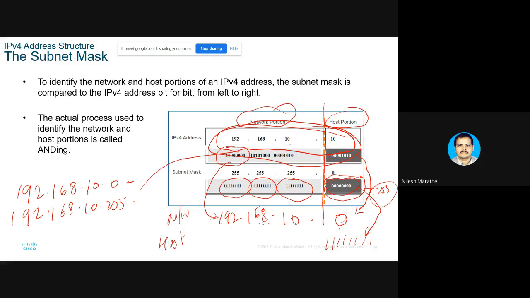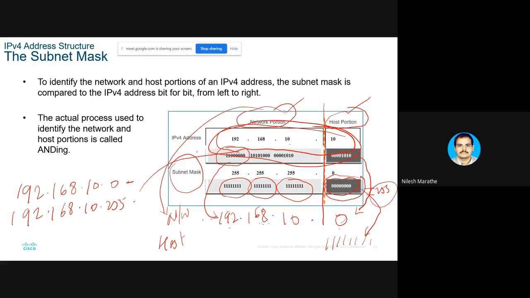The role of the subnet mask is to divide the IP address into a network portion and a host portion. The number of ones in the subnet mask decides the number of bits in the IP address to be considered as the network portion.